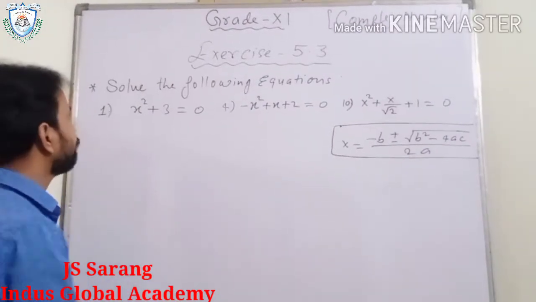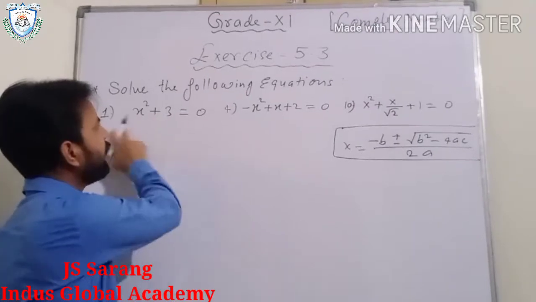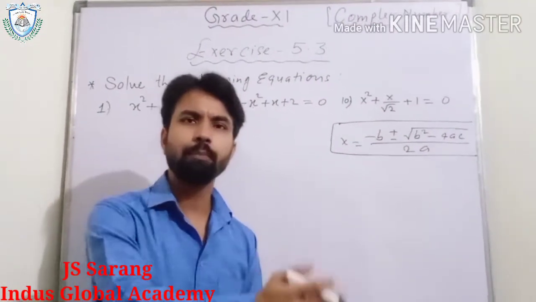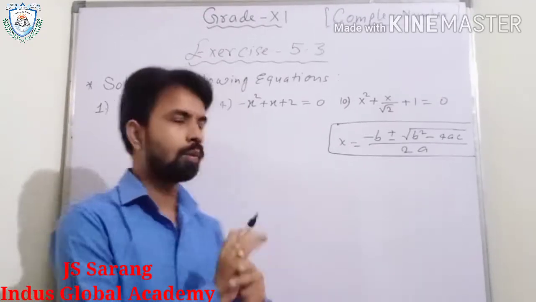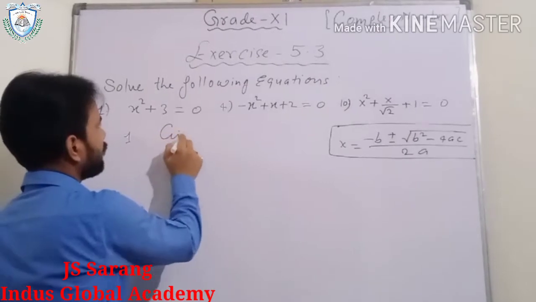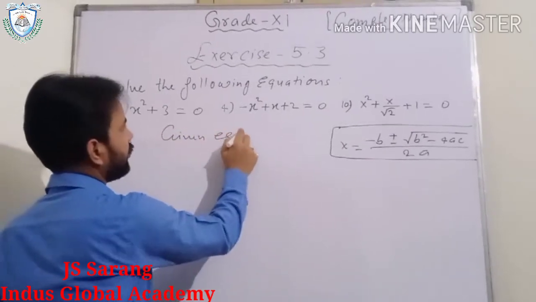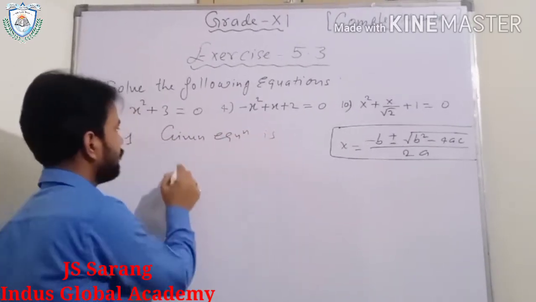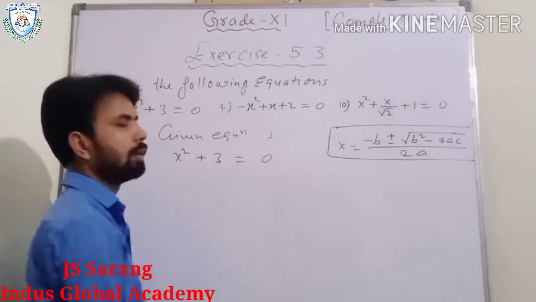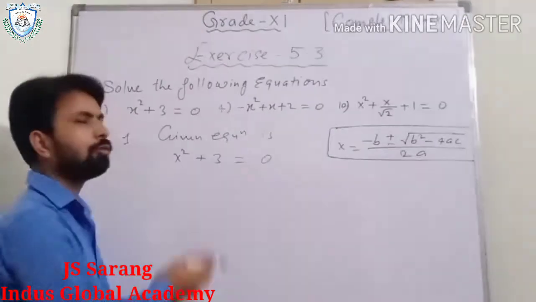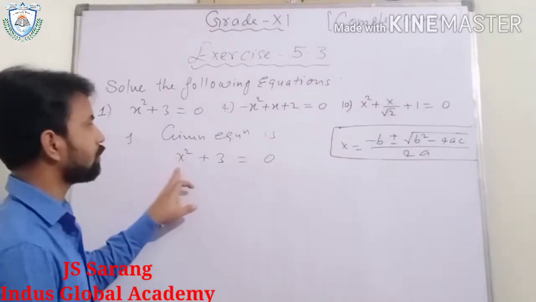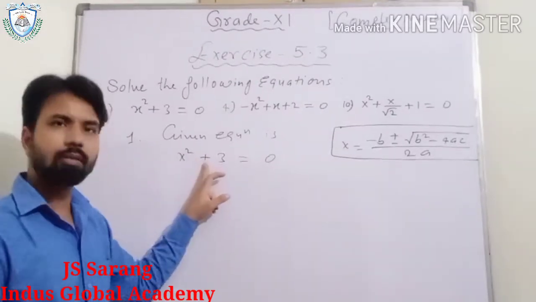Clear? So first of all, we will make this equation in the form of ax square plus bx plus c equal to 0. So the very first question I am explaining here. The given equation is x square plus 3 equal to 0. But this is not in the form of ax square plus bx plus c equal to 0 because x square is here but the term of x is not here.